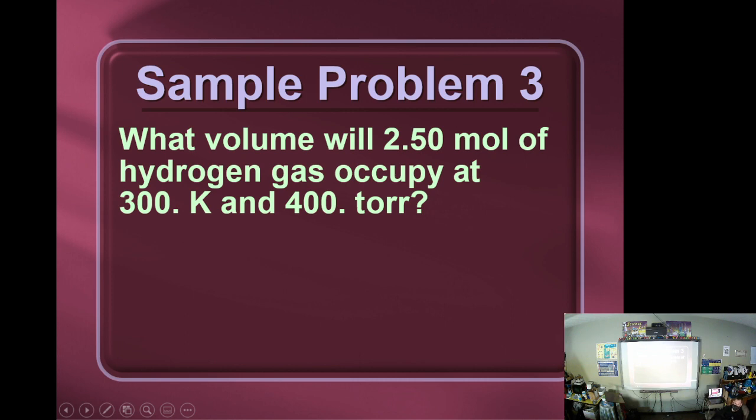And this is where it starts to get a little trickier. What volume will 2.5 moles of hydrogen gas occupy at 300 Kelvin and 400 torr? What do you need to do? Kelvin to Celsius. Well, first thing you'll need to do is go from moles to liters, and then convert from STP to 300 Kelvin and 400 torr using the combined gas law.